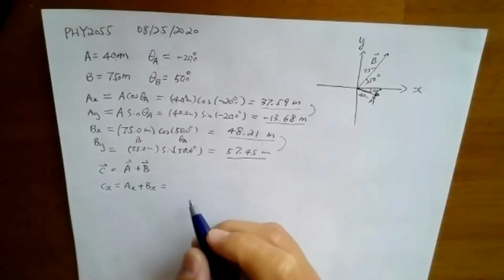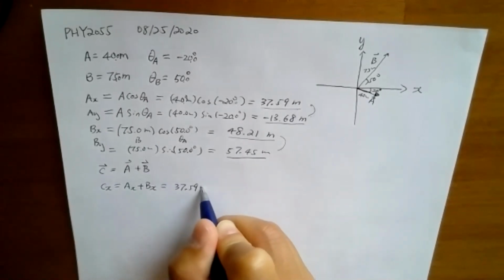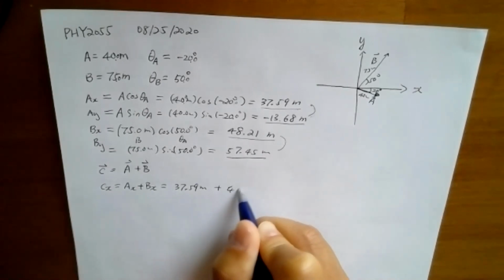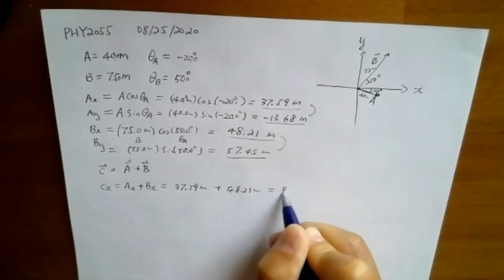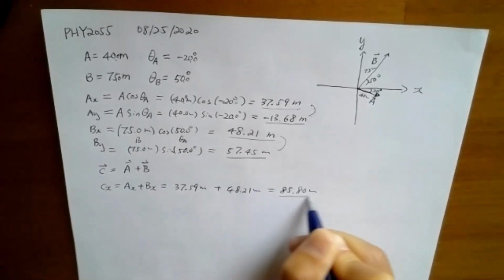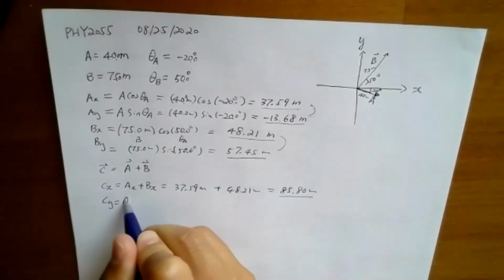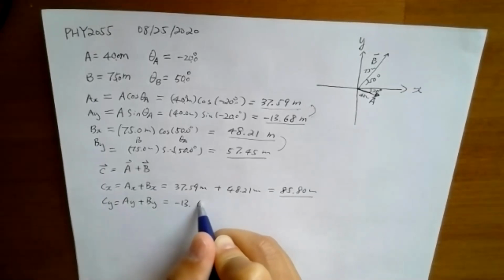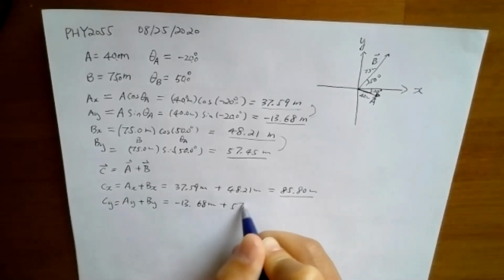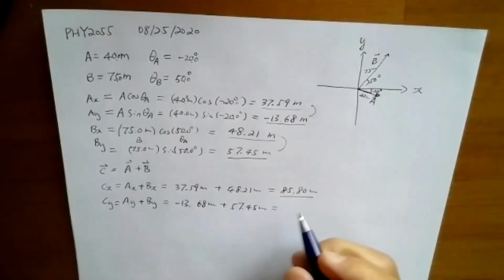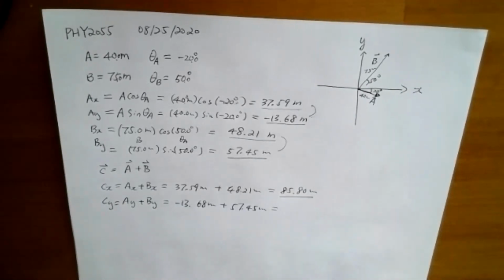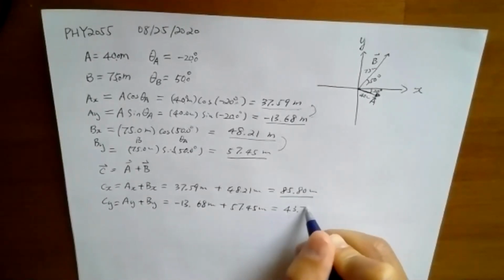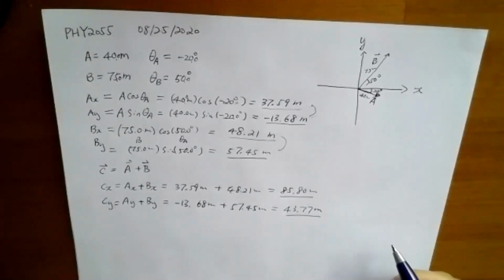In this case, you'll be doing 37.59 plus 48.21 meters, which gives me 85.80 meters. Its Y component will be Ay plus By, equals minus 13.68 meters plus 57.45 meters, which will give me 43.77 meters.